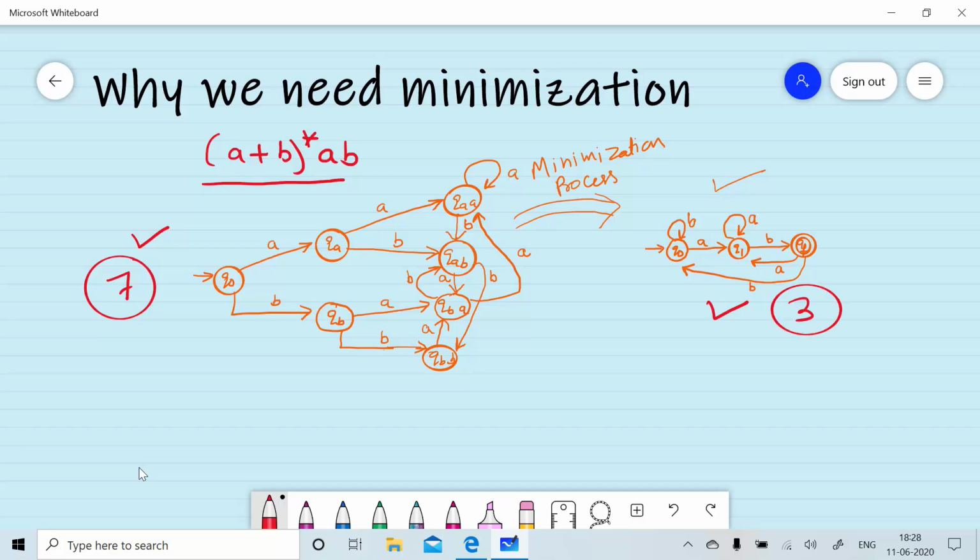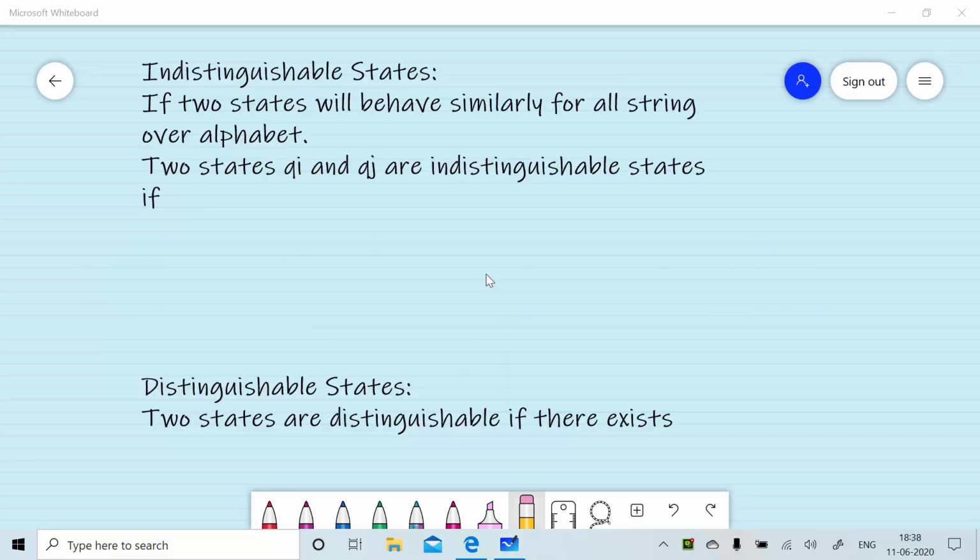Now the DFA with less number of states will take less time to process this string and it is time efficient. For a given problem, there may exist more than one DFA, but the DFA with less number of states will be more efficient. So we will discuss the procedure how we can convert a DFA into minimized DFA.